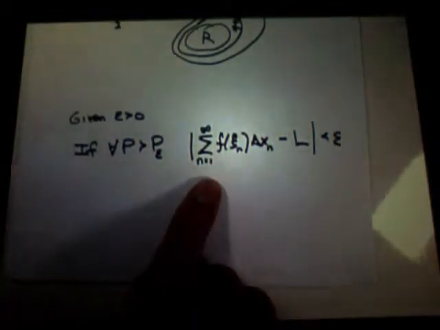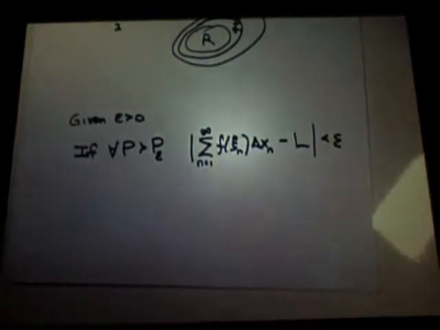This definition is stronger than the one based on the norm of the partition. The norm of the partition just says the little intervals are getting smaller and smaller.